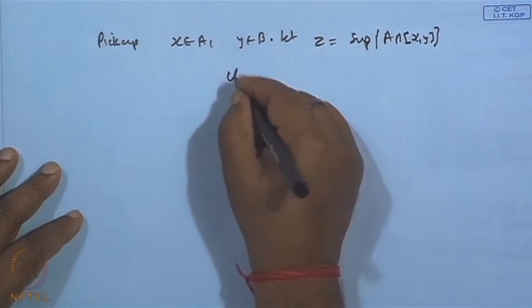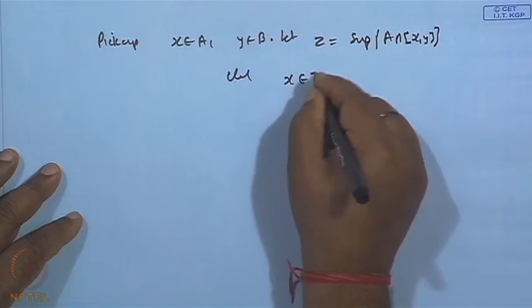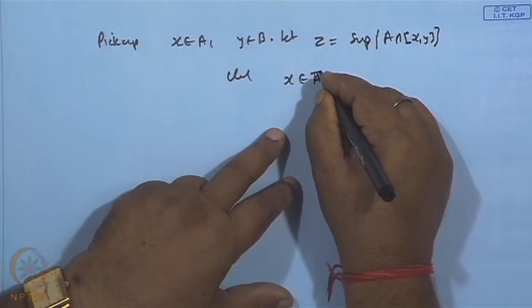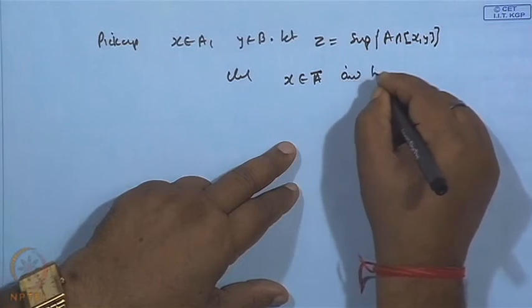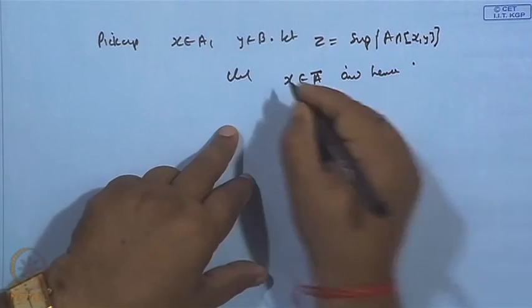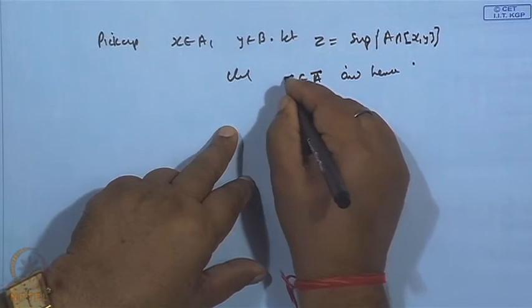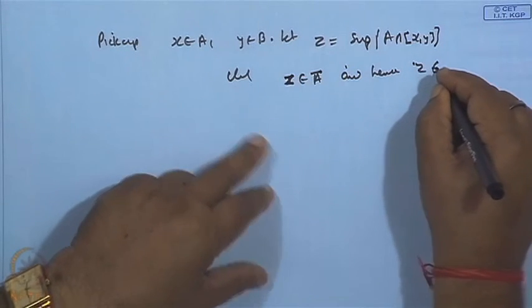Clearly x belongs to A closure, and hence z belongs to A closure, and this z cannot belong to B.